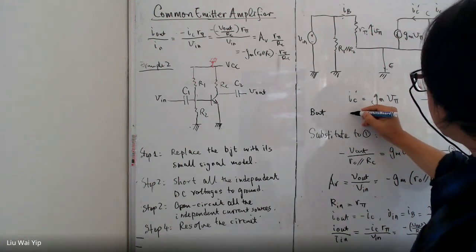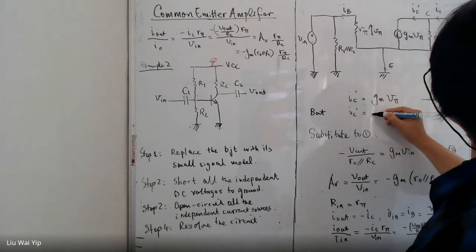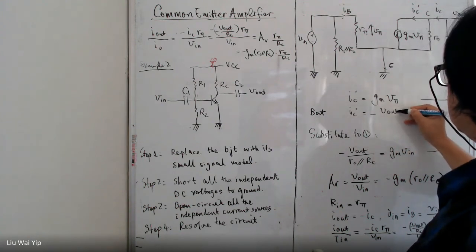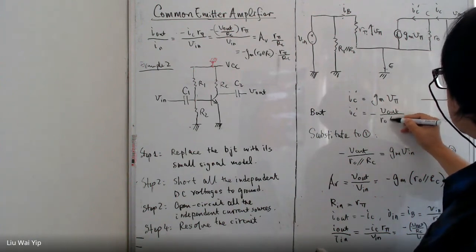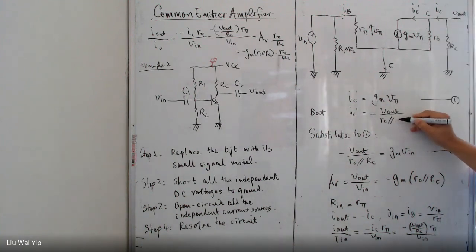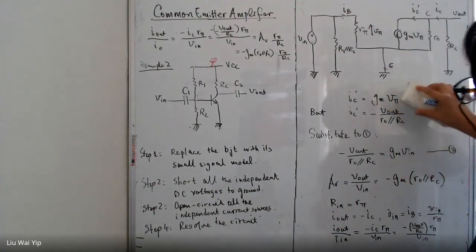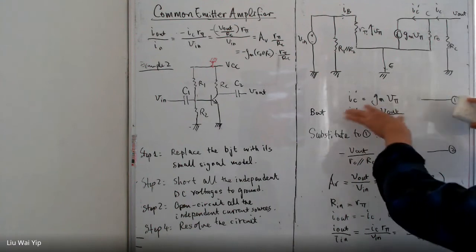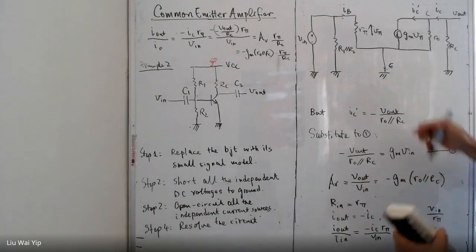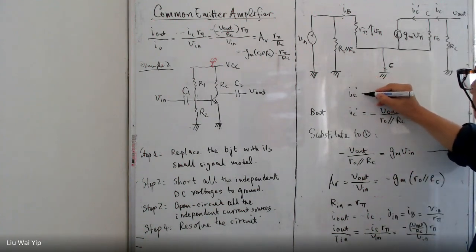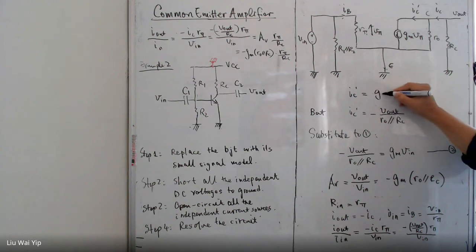So IC dash is equivalent to V naught divided by R naught and then ROC. So we can substitute from equation 1 to further elaborate there. I'm going to add a little bit more space here. This is very difficult to make. I see naught, and this one is gm.